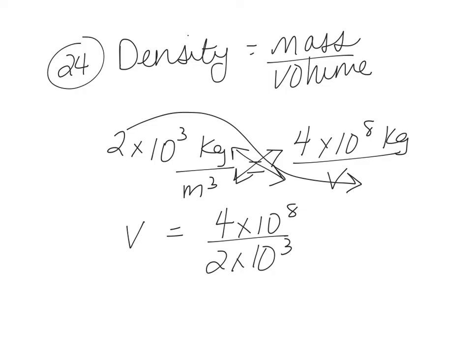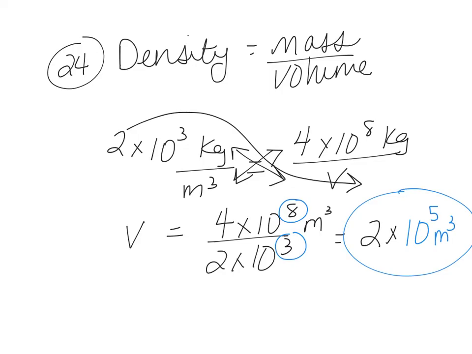And our kilograms are going to cancel, and we're going to be left with meters cubed, which is great because that's volume. And when we divide, 4 divided by 2 is 2. And remember, in scientific notation, when you divide, you subtract. So this is going to be 2 times 10 to the 5th meters cubed. So the problem ended up not being very hard, as long as you remember what density is and how to do scientific notation.